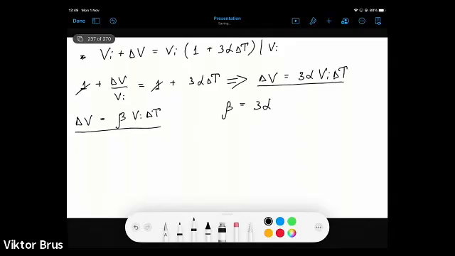This relationship can be useful in certain problems when one parameter is given, but you need to operate with another one. So just keep in mind this relationship.